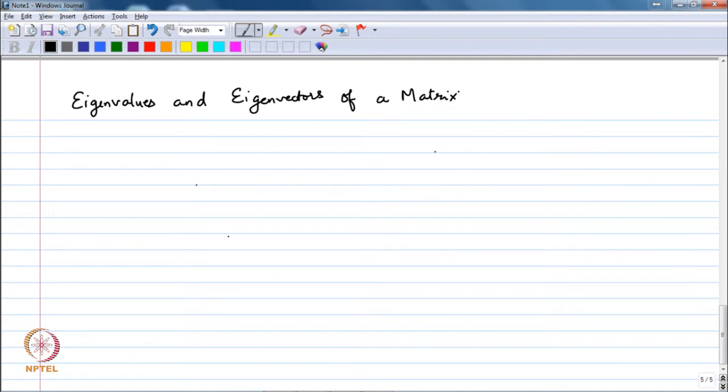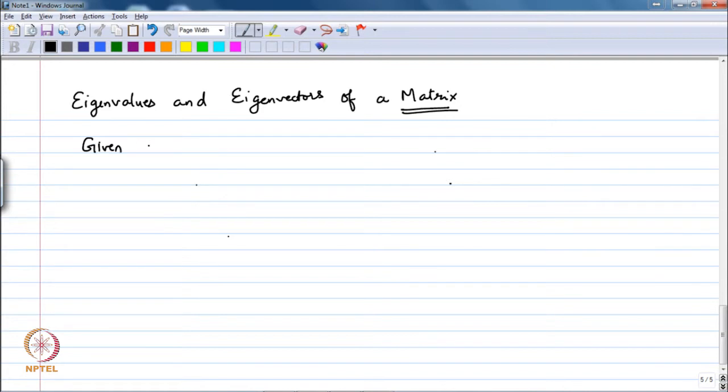Okay. And it's very important to understand that this idea of eigenvalues and eigenvectors is formulated based on the idea that you are given a matrix and you want to find its eigenvalues and eigenvectors. Okay. So let me write.